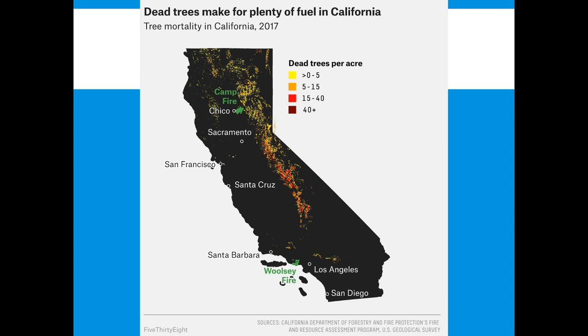So the Camp Fire there, you can see in an area where there's a lot of dead trees per acre. Areas that are red, so these are areas that we would consider to be susceptible to wildfire because these are drier and more easily burned trees.